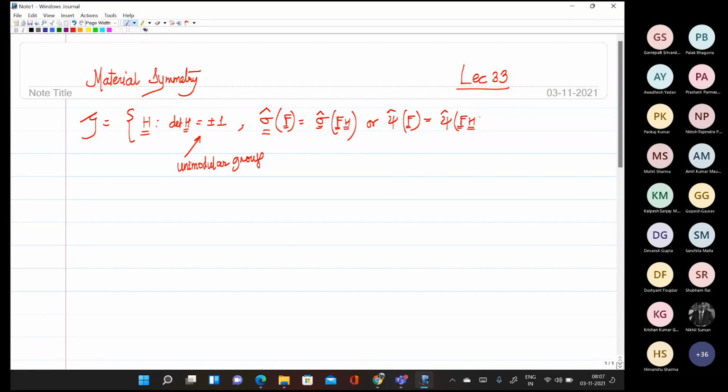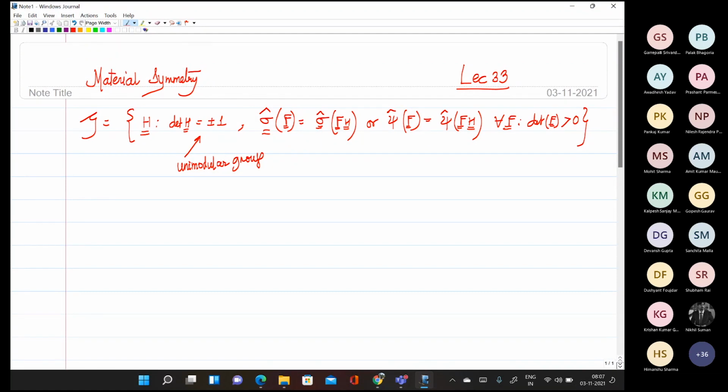We also showed yesterday that both are equivalent. And this has to hold for all F such that determinant of F is greater than 0, because it has to correspond to a continuum mechanical deformation. So this was the definition of our material symmetry group.